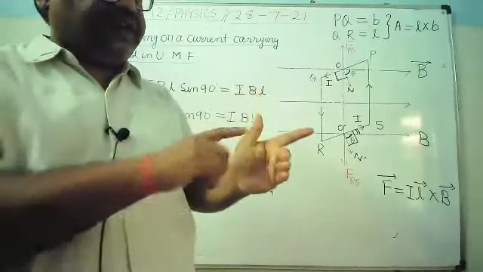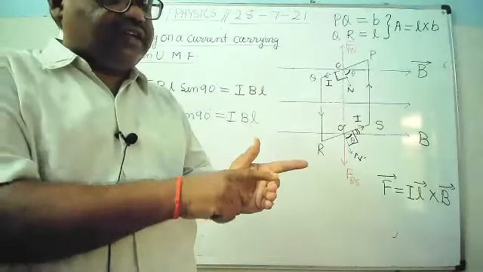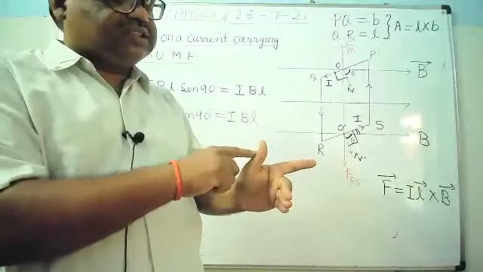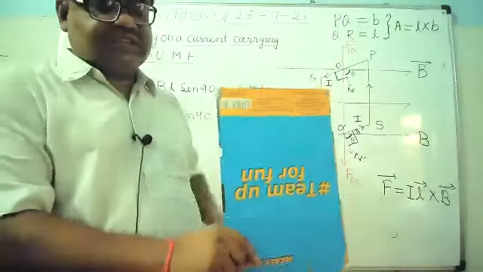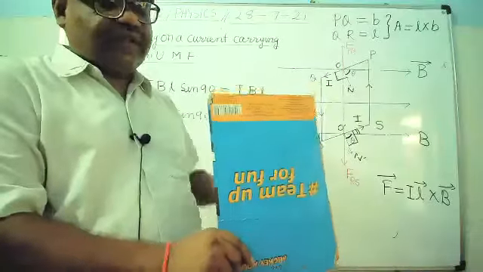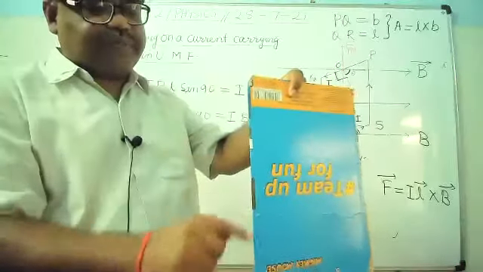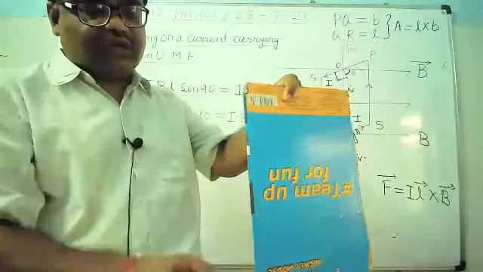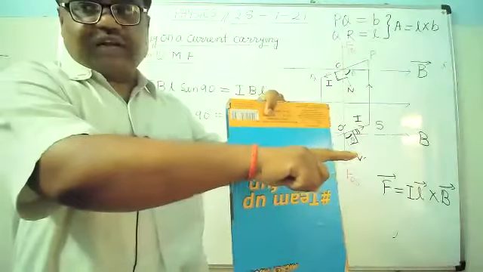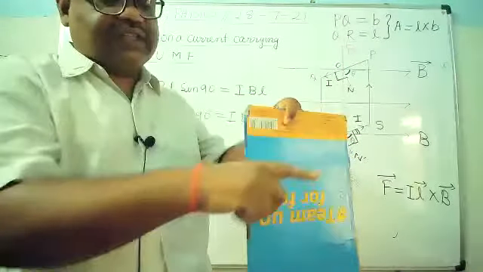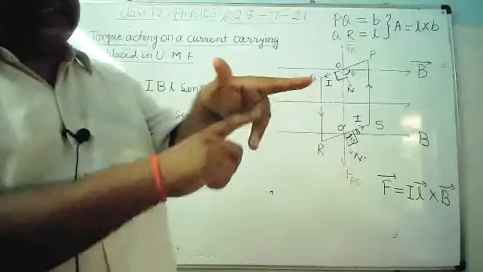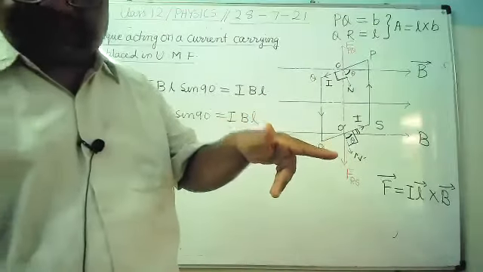You can see here, if this is in the direction of I, this is in B, then this will give F. Now you see the plane of coil like this. This is the plane of coil. On the QR segment, what is the direction of I?